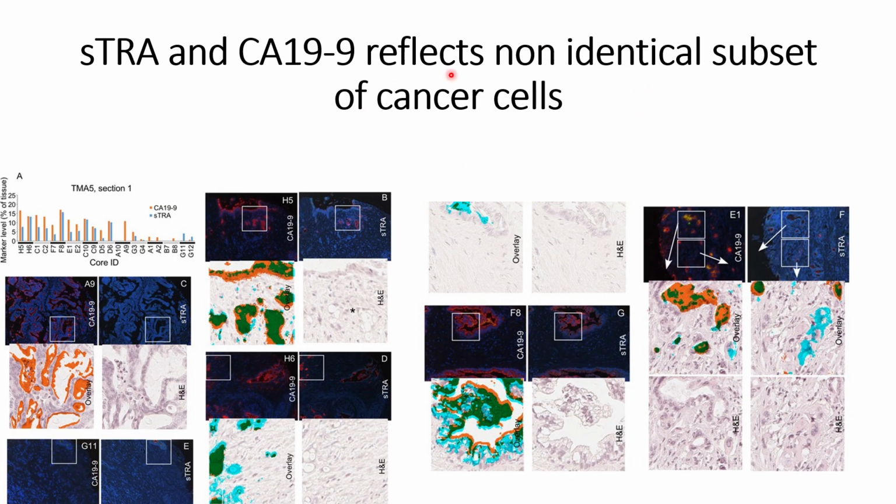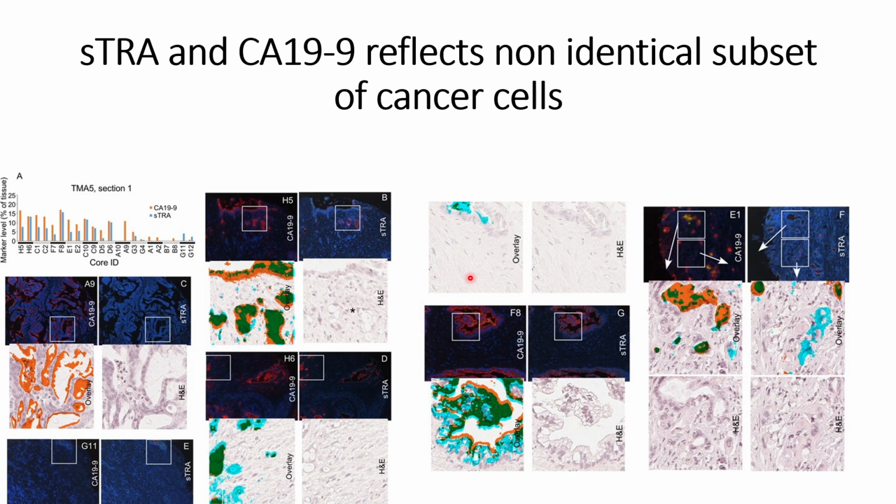So when they are expressed in the same cells, they reflect a different subset of cancer cells, and when they are expressed independently, they also reflect different populations of pancreatic cancer cells. This is the point they want to make from this figure.